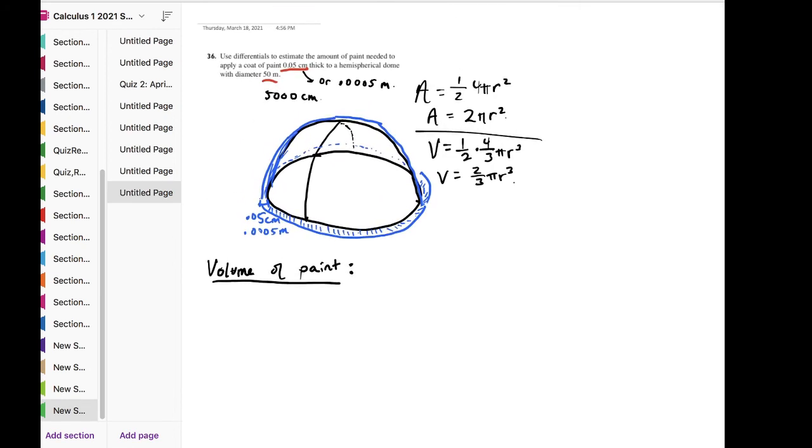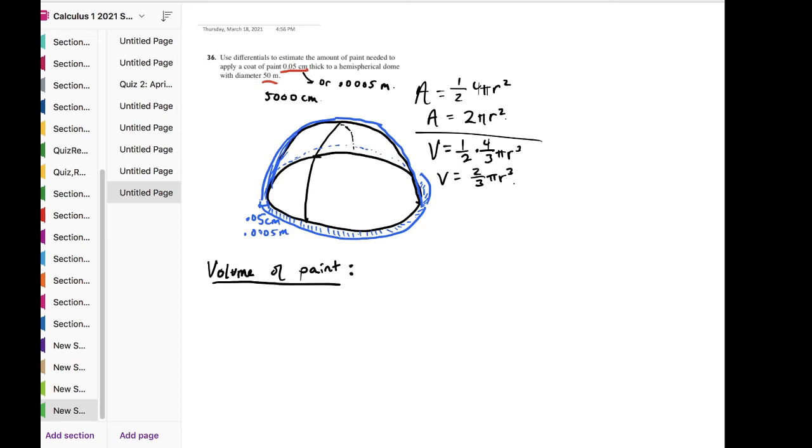Let's say 2/3 pi r cubed. Let's say that's the volume of the sphere without paint. So you said you have to subtract the volume of the hemisphere. Good. So what do you subtract it by? What is the formula for the paint? Well, not paint, but plus paint.